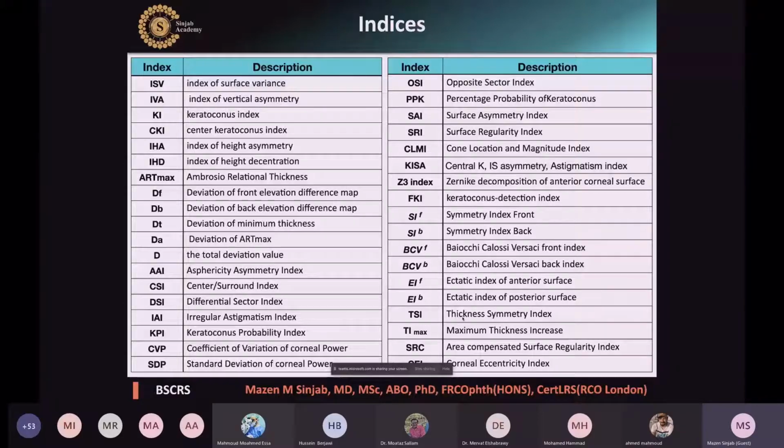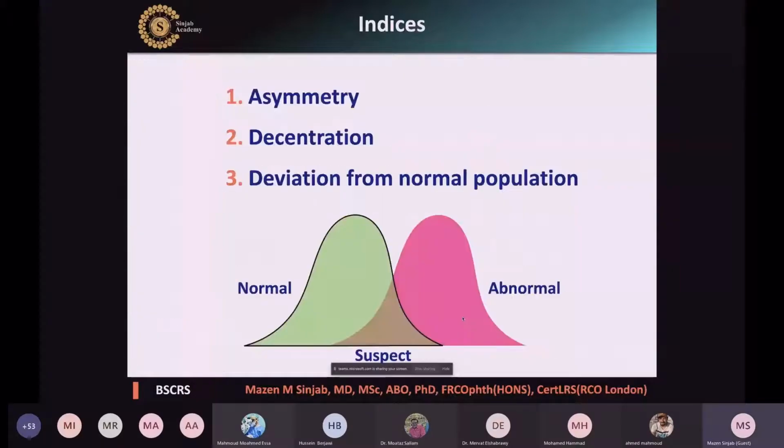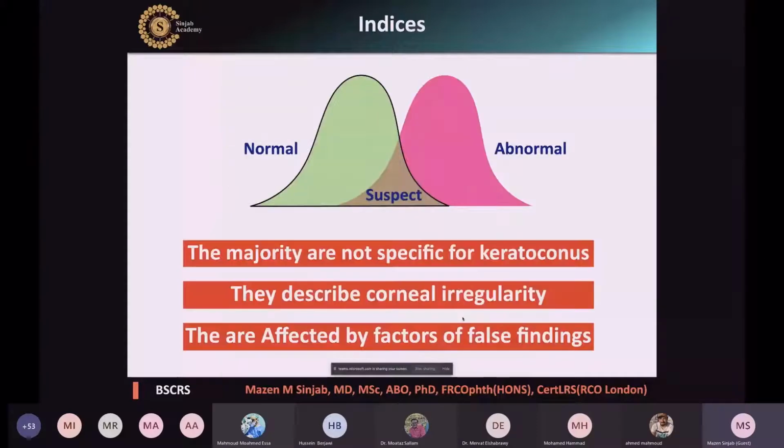However, all of them describe either asymmetry, decentration, or deviation from normal population. But you have to remember that there is a gray zone. We cannot say that there is clear white and clear black. There is a suspect area. Moreover, the majority of these indices are not specific for keratoconus.